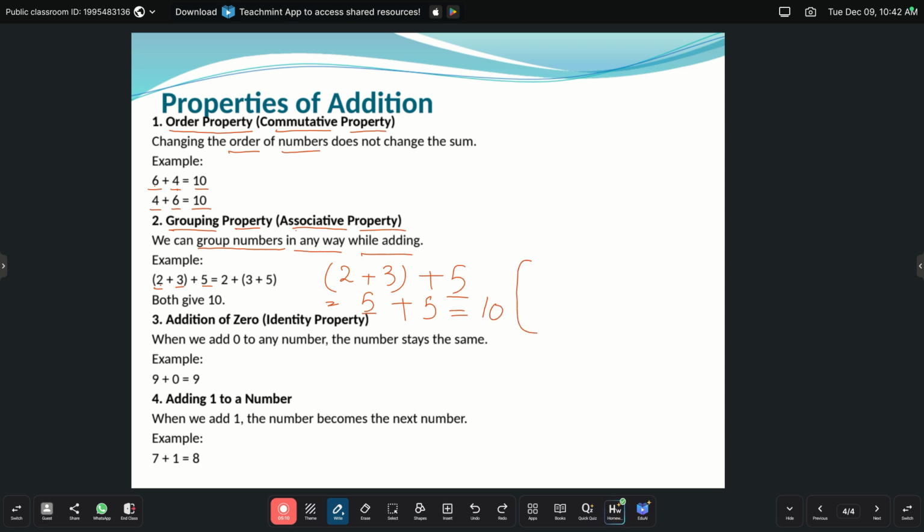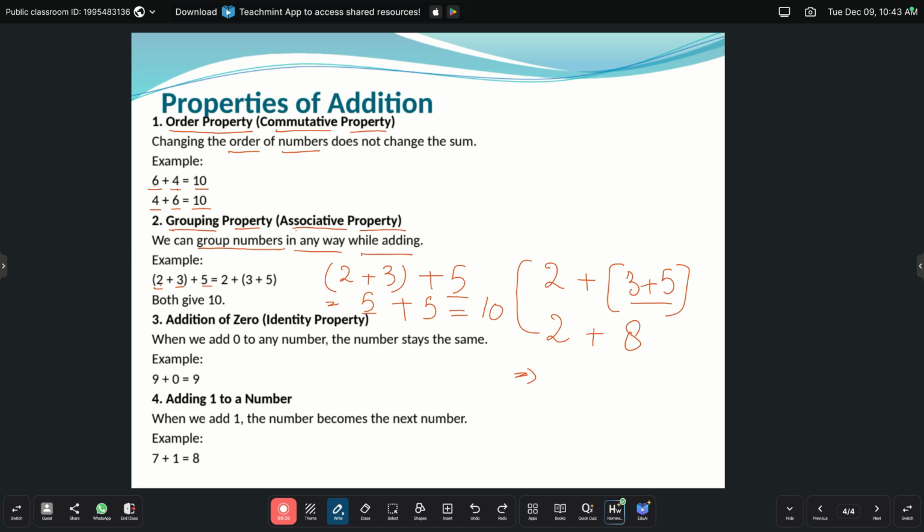In another way, in the next case, 2 plus 3 plus 5. Now I group the second and third numbers. Now I add the last two numbers first. So 2 I will keep as it is, and I will add the numbers that I grouped. 3 plus 5 is 8.